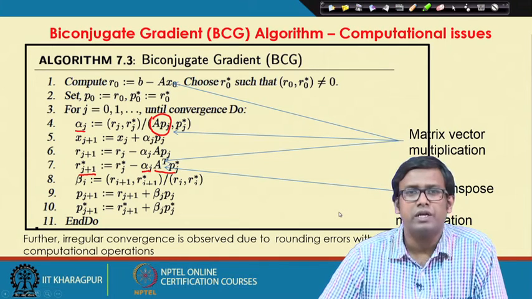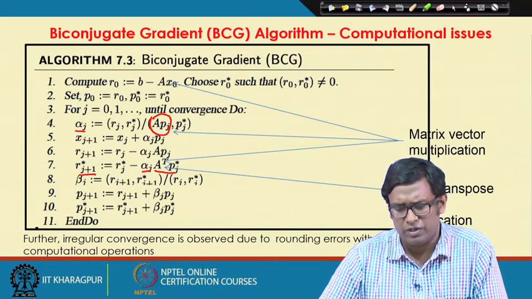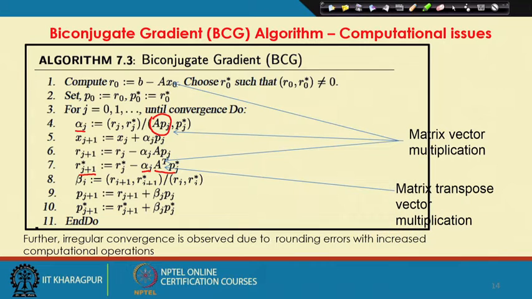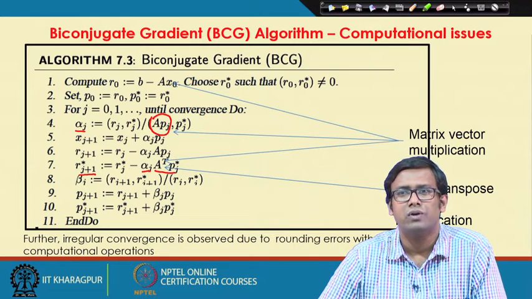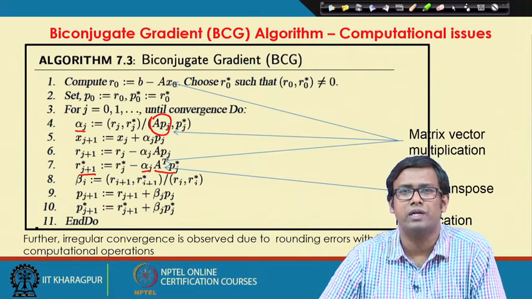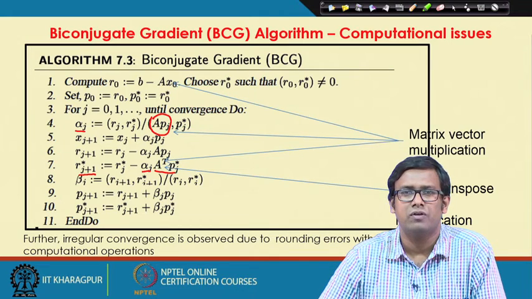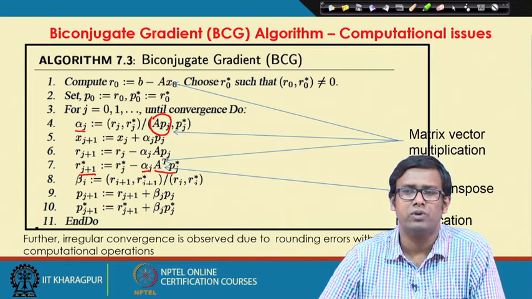So, the issue is that irregular convergence is observed due to rounding error with increased computational operations. Another important thing is that convergence is not very simply defined for biconjugate gradient algorithms. We can understand that this algorithm comes from approximating the basis vectors in two Krylov spaces.